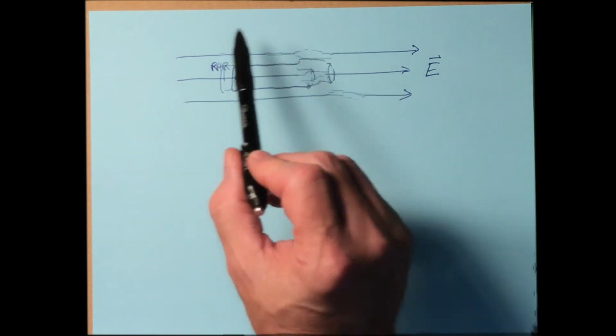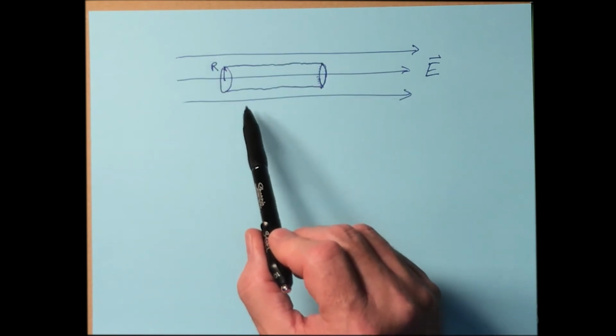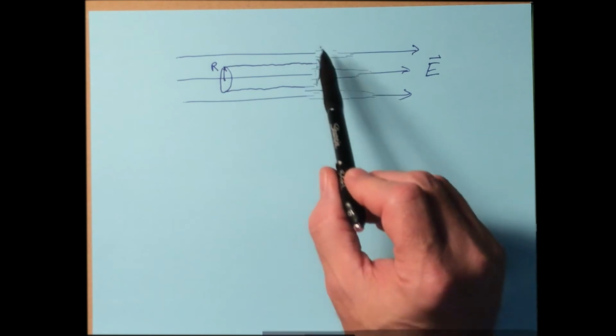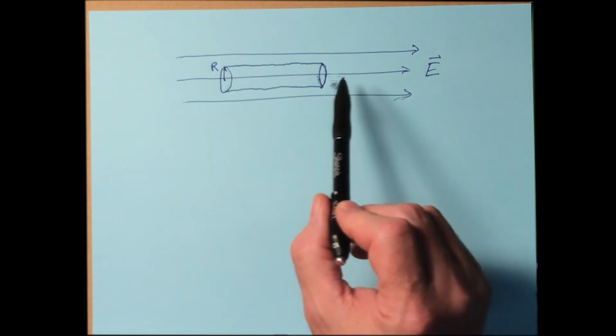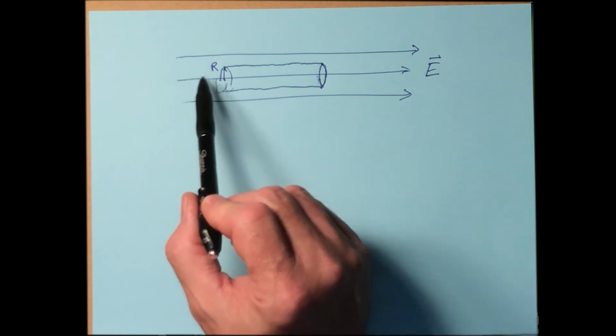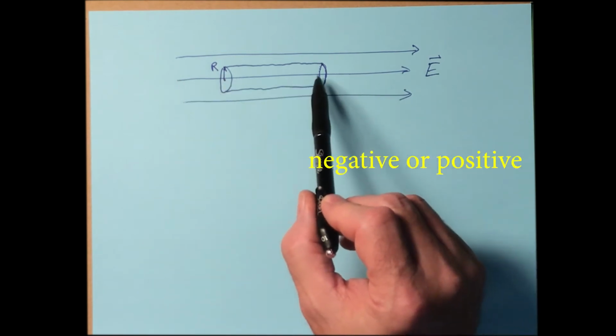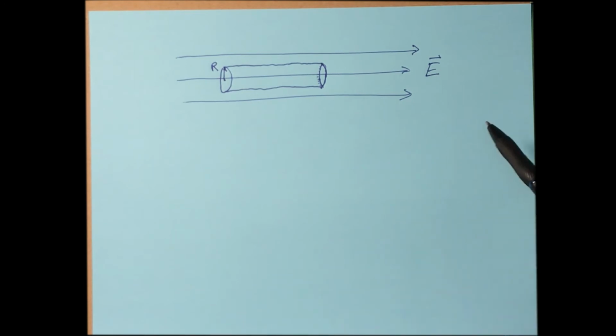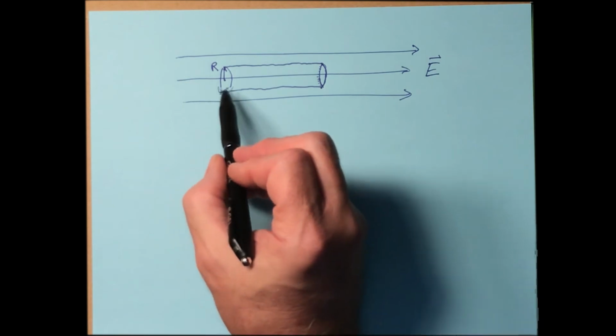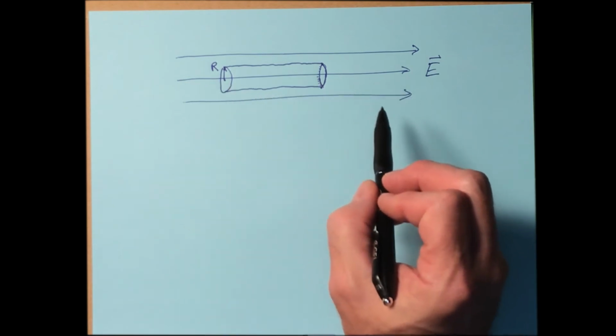So if you summed up the total electric flux here, you would say there's just as much going in as there is coming out. If we call what's going in positive and what's coming out negative, then the sum total of all of the electric flux is going to be 0. And you would be correct. You have just as many field lines going in as you do coming out.